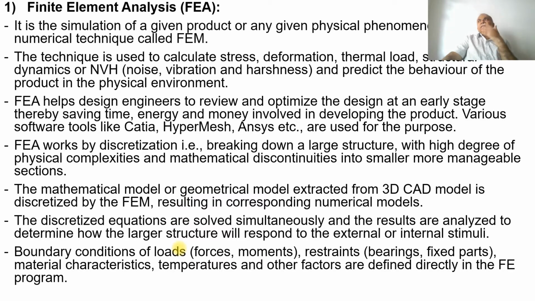FEA works by discretization, that is, breaking down a large structure with high degrees of physical complexity and mathematical discontinuities into more manageable sections. That means taking a single product and dividing it into multiple points so that you get very minute, smaller, more manageable sections.